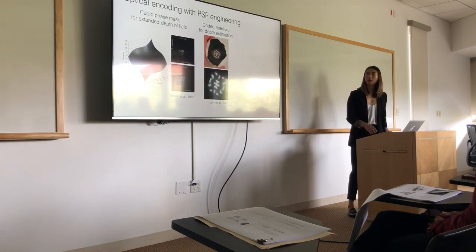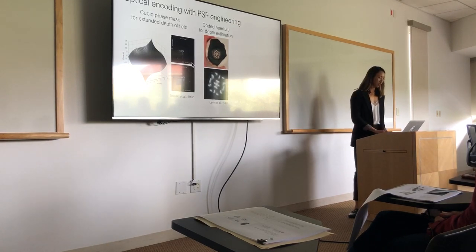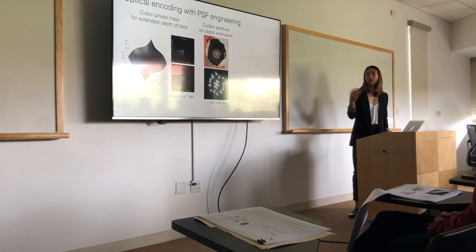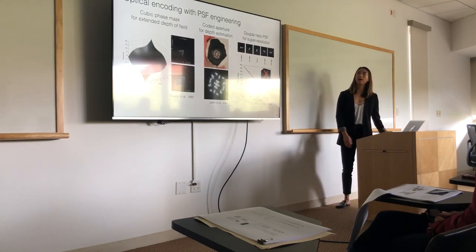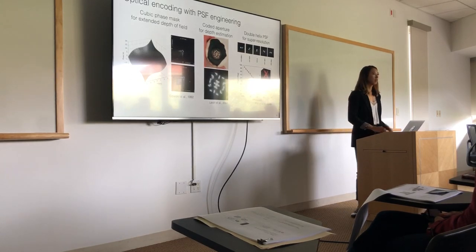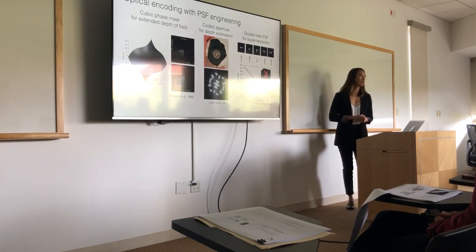Another example is a coded aperture for depth estimation. In this, we're using a binary amplitude mask placed in the center of the camera, and this has been shown to be better for depth estimation. And for those of you who come from a biology background, you may be aware of the double helix point spread function for super resolution.